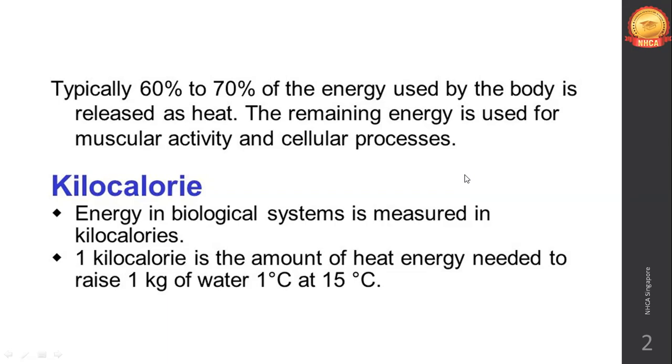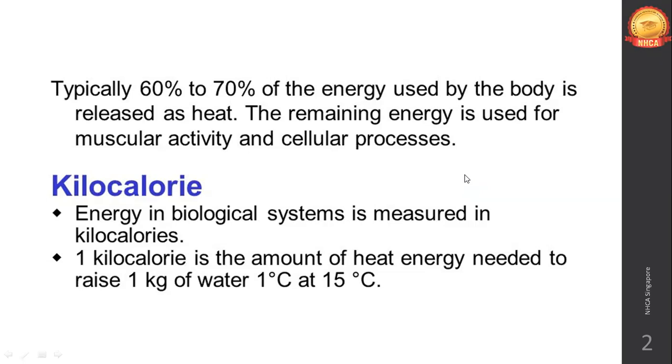One kilocalorie is the amount of heat energy needed to raise 1 kg of water by 1 degree Celsius at 15 degrees Celsius. When you hear this definition for the first time, it will be very confusing. But imagine a situation: you are given 1 kg of water. You can convert 1 kg into liters. Let's imagine the water given to you was at 14 degrees Celsius.